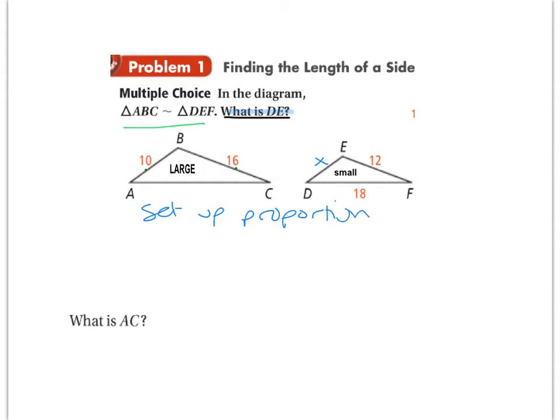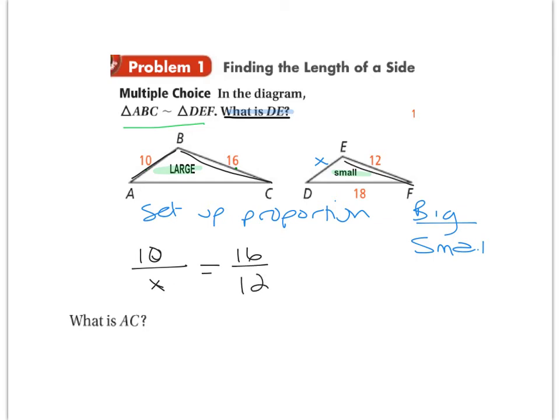So I'm going to do it the way that they just showed me on the last page and make my triangles go big to small. And you guys can see, here's the large triangle or the big, and then the small one. So in setting up my proportion, I'm going to go ahead and say 10. That matches up with X on the small triangle. And then I'll go 16, that's the big triangle, matches up with EF or 12 on the small triangle, big to small.